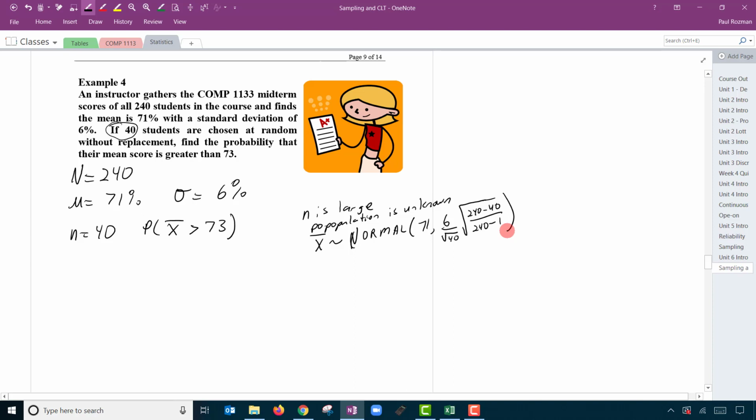Why did I do that? Because 40 out of 240 is more than 5% of my population. 10% of the population is 24, so 5% of 240 is 12, and our sample is quite a bit bigger than that.